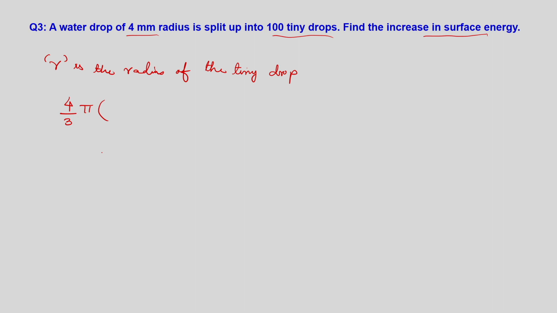So, if I write it in millimeter only, 4 cube. The volume of the sphere is equal to the total volume of 100 drops. So, you multiply this by 100, let us say 4 by 3 pi into r cube into the number of drops, that is 100. Now, from here you will get r. What is r you are getting? You solve it, all this gets canceled out. So, r you are getting as close to 0.86 millimeter.